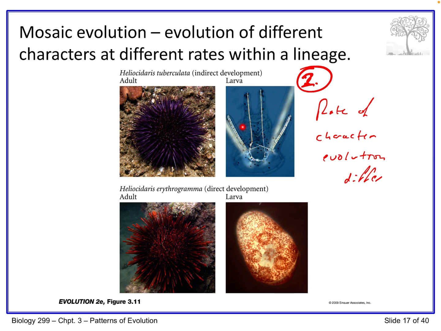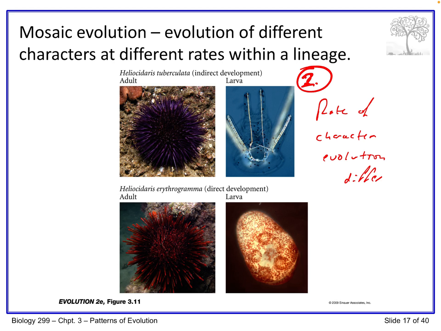So the larval developmental process in this species has evolved much faster than it has in this species. And so what you end up with is larval stages that look very, very different and go through very different processes to develop into the adult, whereas the adults are actually very, very similar to one another. So mosaic evolution: the larval developmental process here has evolved much more rapidly in this species than it has in this one, and so the larvae do look much different.